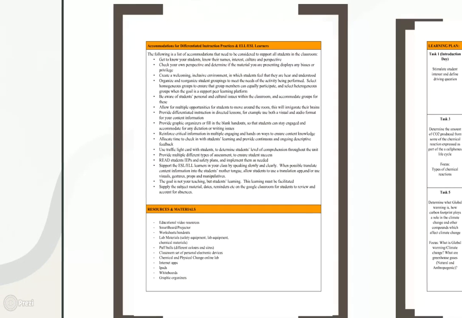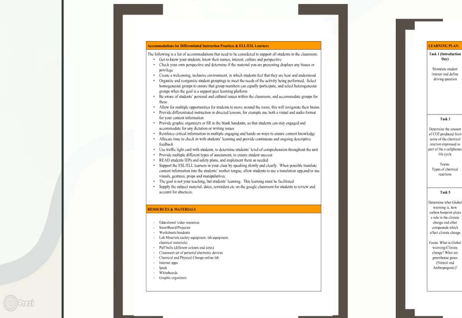So let us go to what I initially said when I was making this unit plan. I did actually make accommodations for differentiated instruction and practices, and I did include ELL, and I called them ESL learners at the time. So I didn't actually include English literacy development, but I looked at it as ESL or ELL learners.